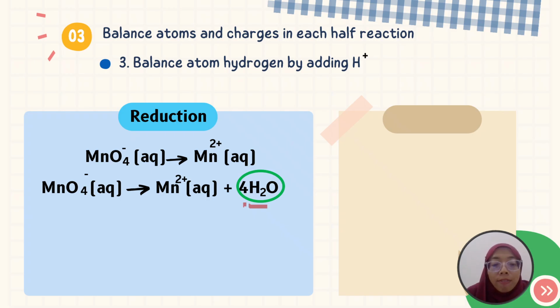But for the left side there is no hydrogen atom, right? So following the step to balance hydrogen, adding H+.